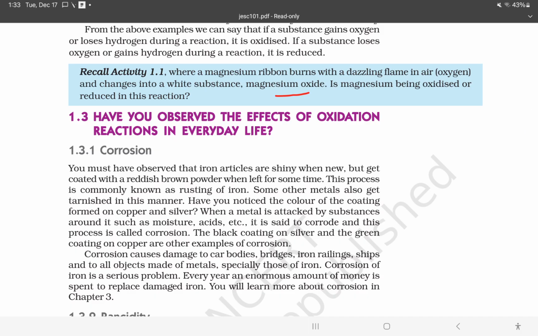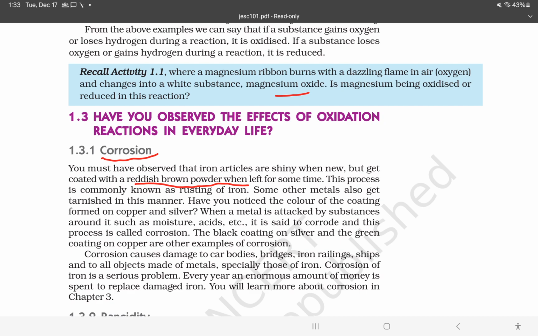Now we discuss oxidation reactions in everyday life, right? Corrosion, we all know about this process. What is corrosion? If you keep iron vessels, after some days you will find reddish brown powder left on that bowl or vessel.